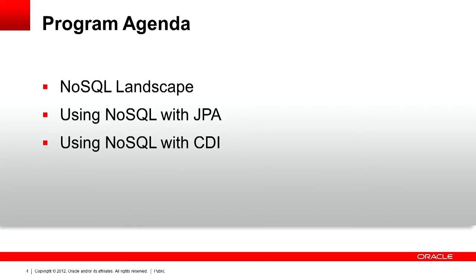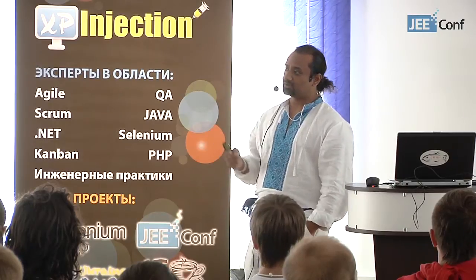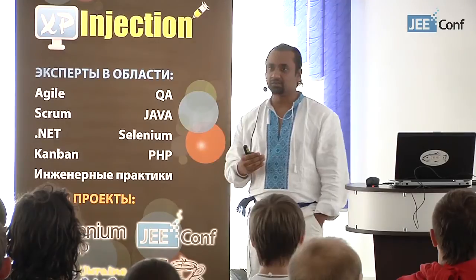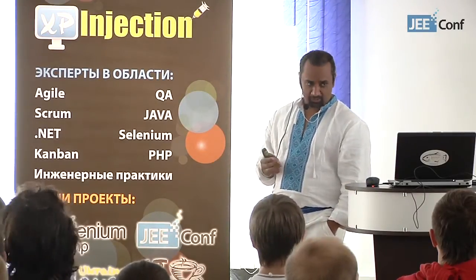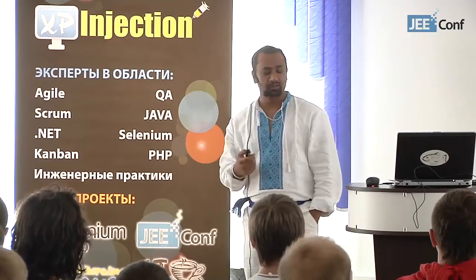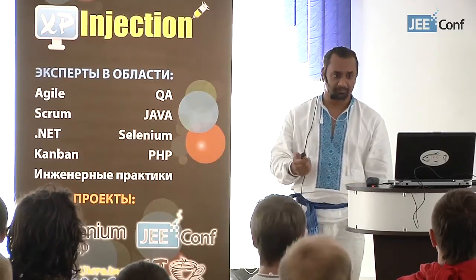First, we'll talk about how you may be able to utilize JPA to access NoSQL databases. For the third and last part of the talk, I'll talk about how you can use NoSQL directly via a pure dependency injection solution like CDI.